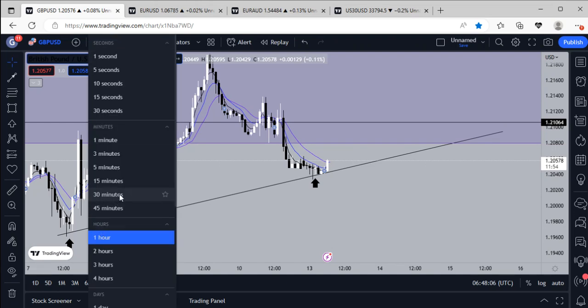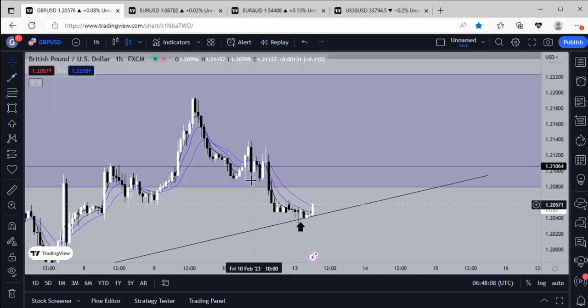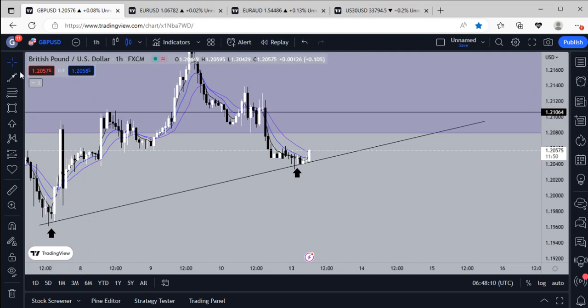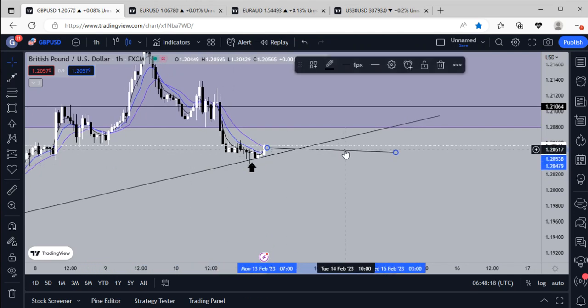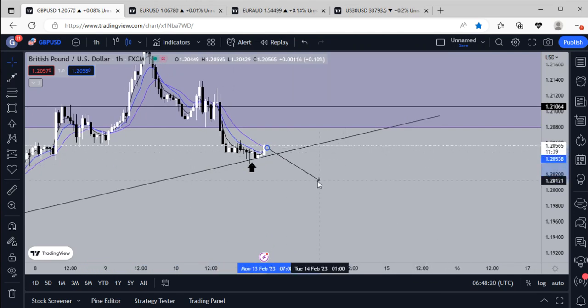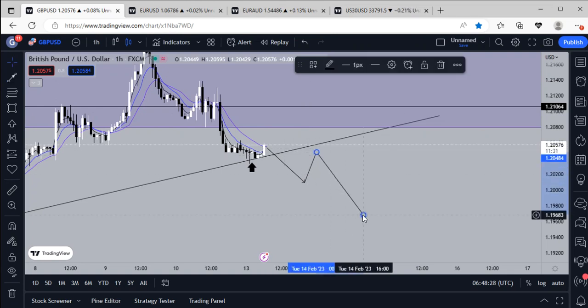Now we go to 30 minutes, as this is what we're importantly looking for. I'll just be looking for price to break out, all right, and do a retest, and then we can sell.